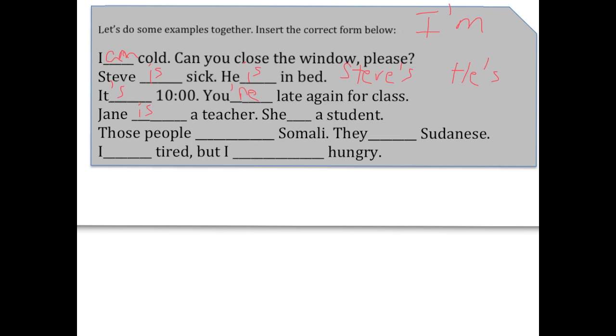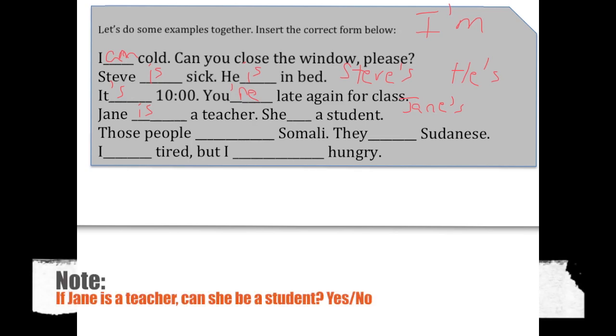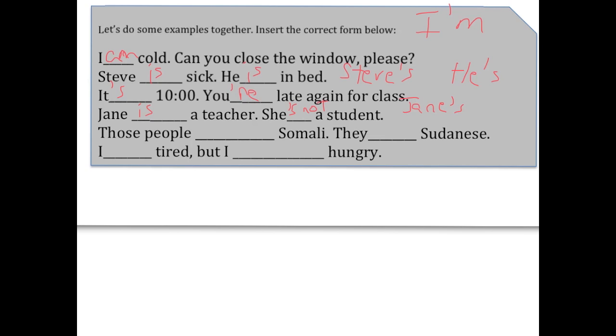Or you can say Jane's a teacher. And now if she's a teacher, can she be a student? So you can say she's not a student. Or you can say isn't.